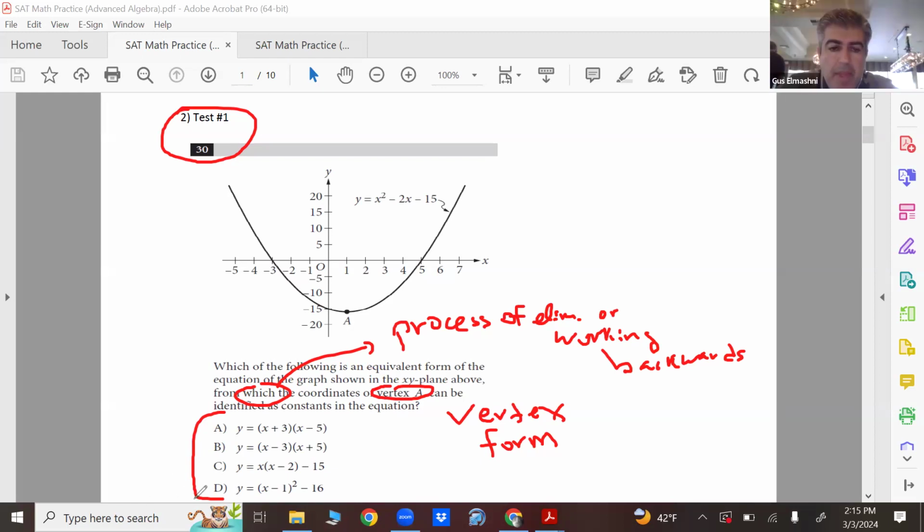That's the vertex form. And also, if you were to expand it, it would be this. Or you could go to Desmos or your graphing calculator and graph each equation and see that they're the same equation. So that's another way of looking at it too. But the thing is that A is also the same as the original, but you want vertex form. You want the vertex to show because they asked for that. So totally D, 100%.